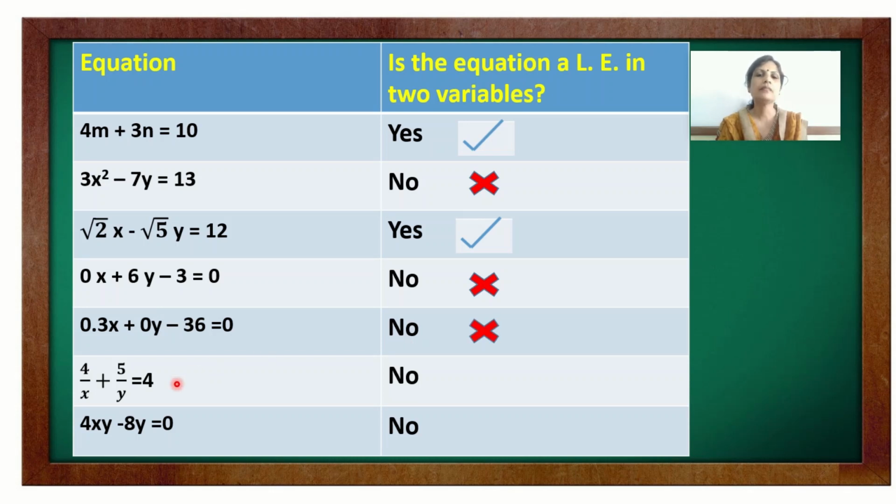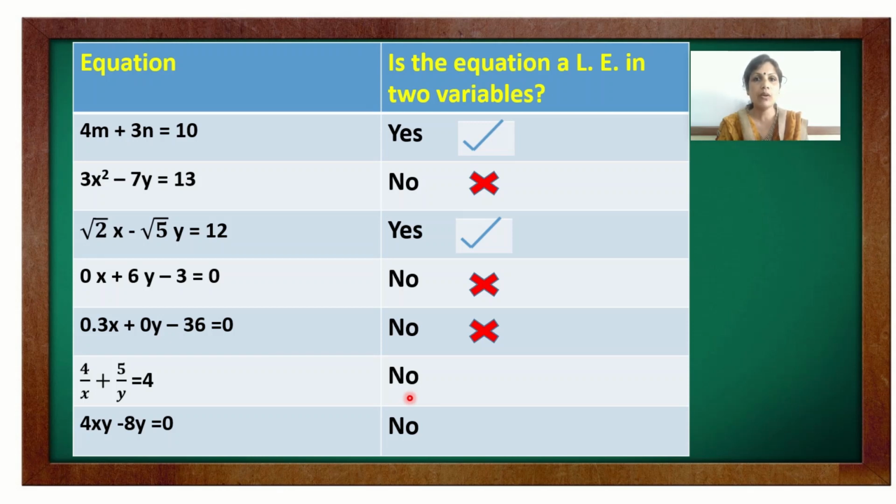Okay, then the next is 4 upon x plus 5 upon y is equal to 4. Now see, the variables are in the denominator. If I try to take them to the numerator, the power of the variable will be minus 1. So 4x to the power minus 1 plus 5y to the power minus 1 is equal to 4.